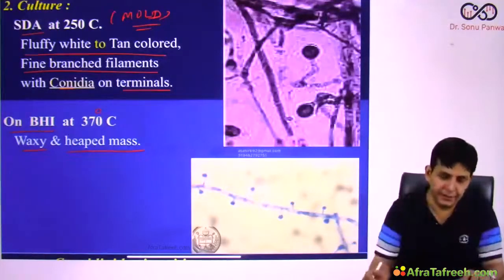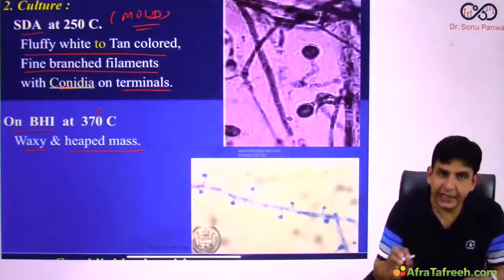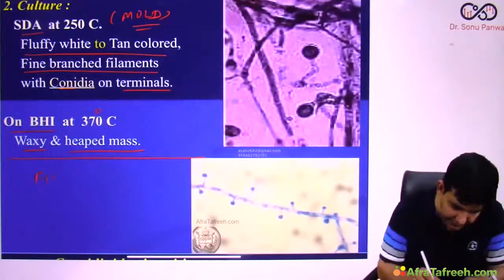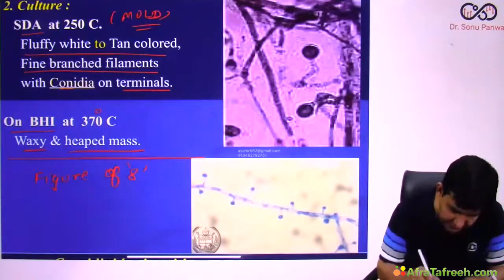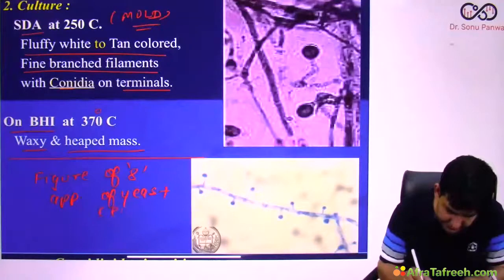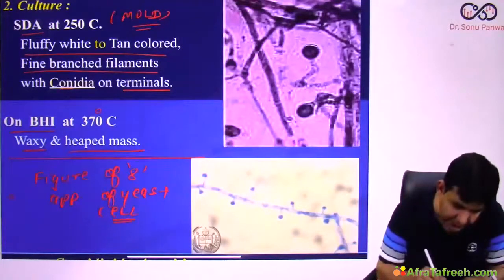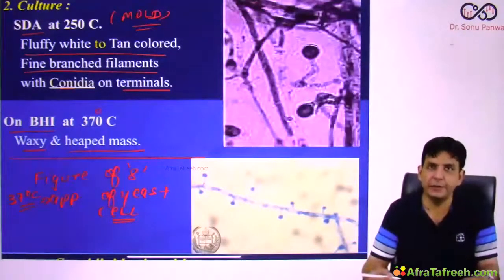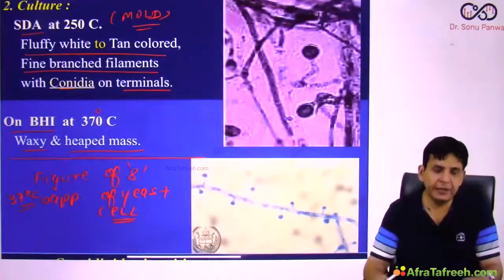Fine. So the important thing to remember regarding blasto, which has come in the exam also, is that it has a figure of 8 appearance of the yeast cell. Figure of 8 appearance of the yeast cell, and the yeast cell, you know, is formed at which temperature? 37. Okay, and at 25 you already know that it looks like what? Fluffy white to tan colored fine branched filaments.